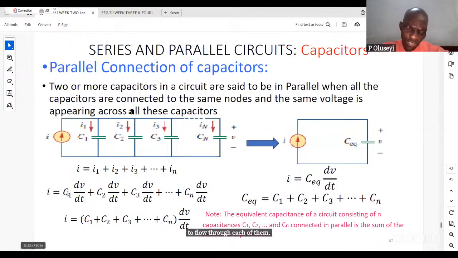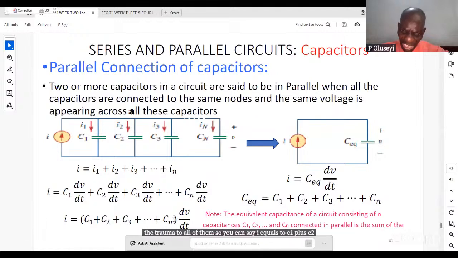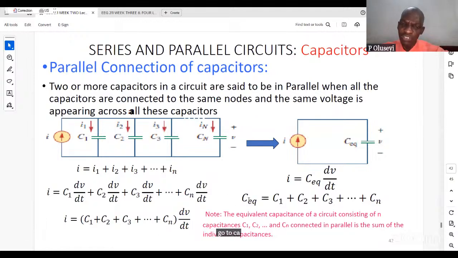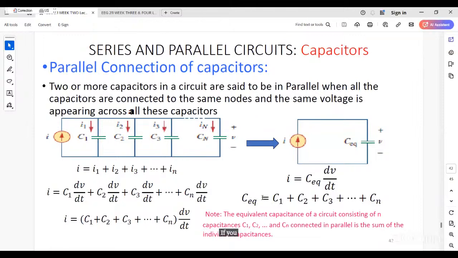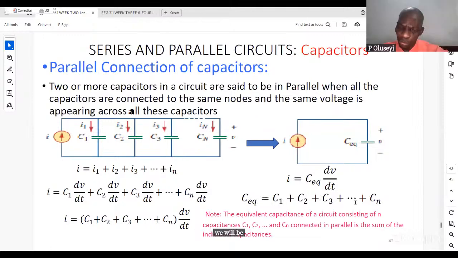So you have C1 dv/dt, C2 dv/dt, C3 dv/dt, Cn dv/dt. And dv/dt is common to all of them. So you can say I equals (C1 plus C2 up to Cn) dv/dt. So your equivalent capacitance now will be C1 plus C2 plus C3 up to Cn.